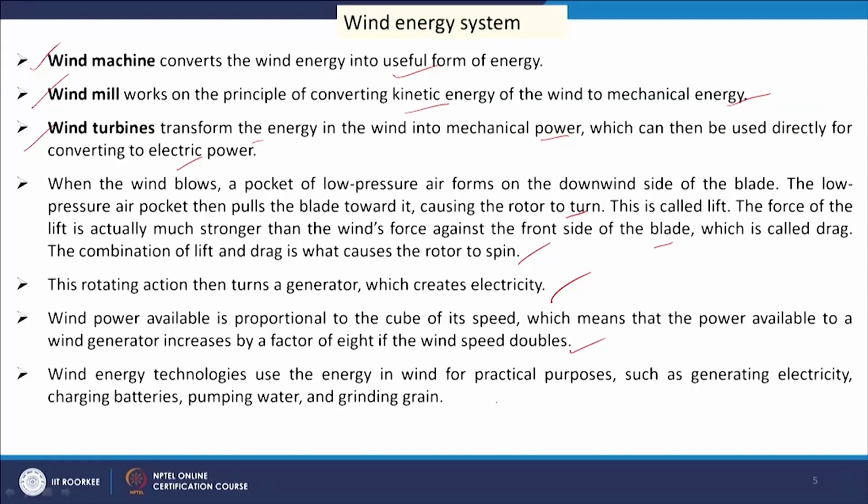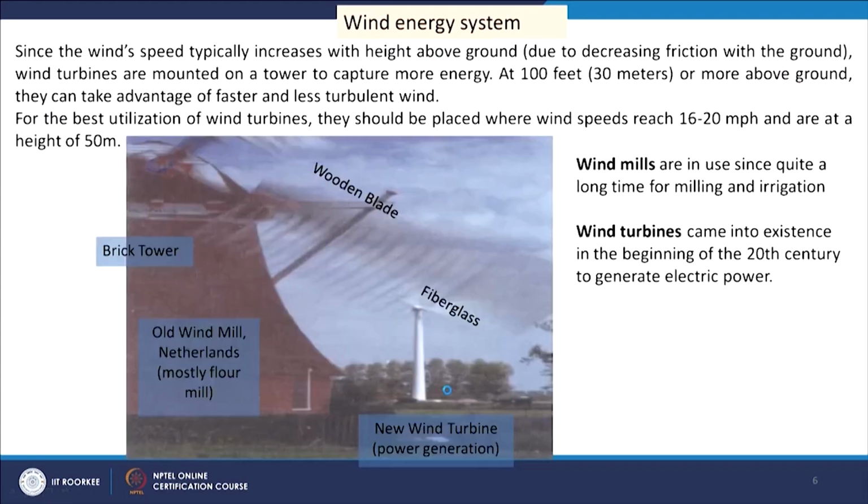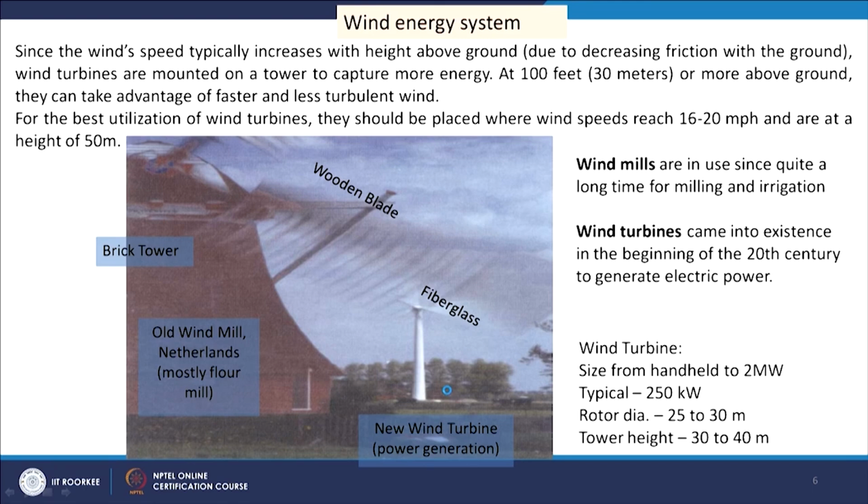Wind energy technologies use the energy in wind for practical purposes such as generating electricity, charging batteries, pumping water and grinding grains, as we have already discussed. Now, we will see the wind energy systems. This figure shows us two systems, one is the old windmill and another is the new wind turbine.